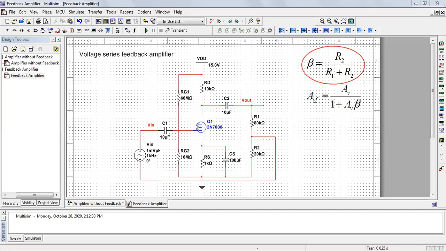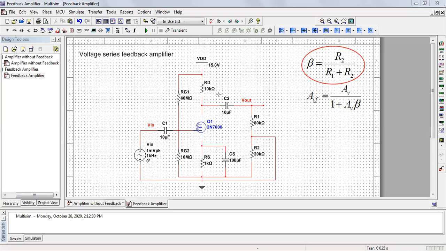This feedback factor is denoted as beta, you can see here, and from this circuit it is nothing but the fraction R2 divided by R1 plus R2. It's a simple voltage divider network. So this is my feedback fraction, or feedback factor: R2 divided by R1 plus R2.